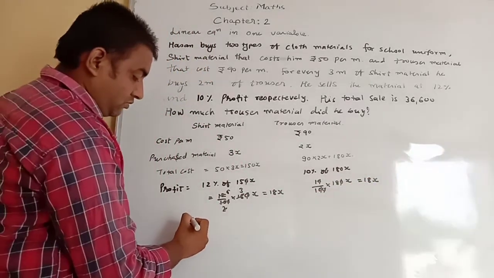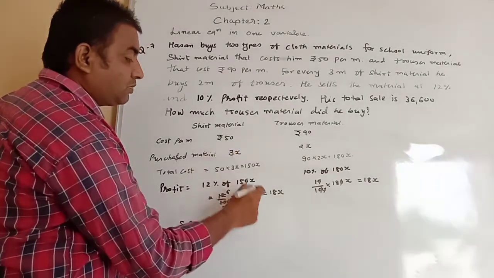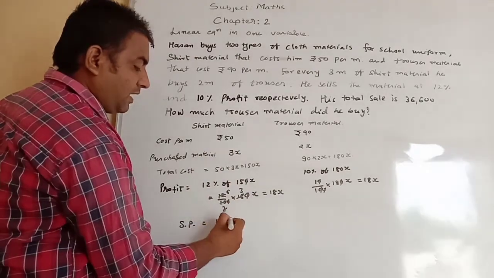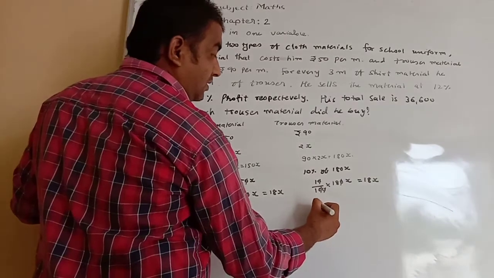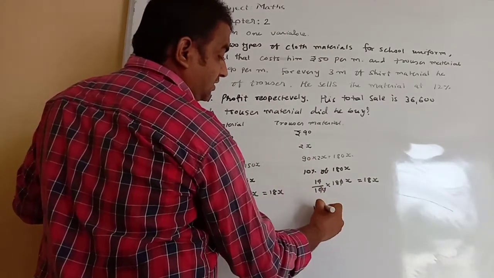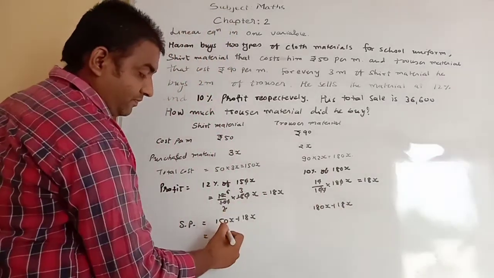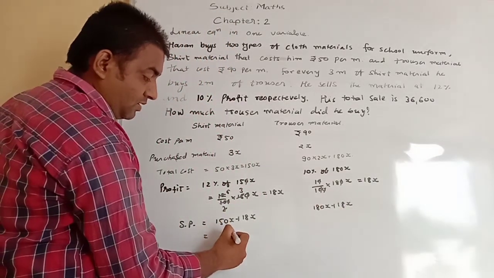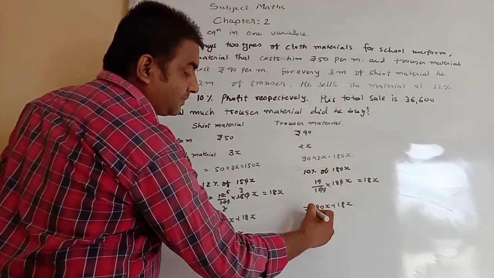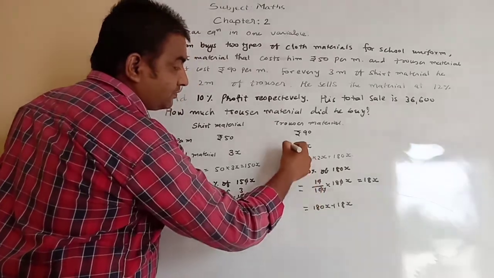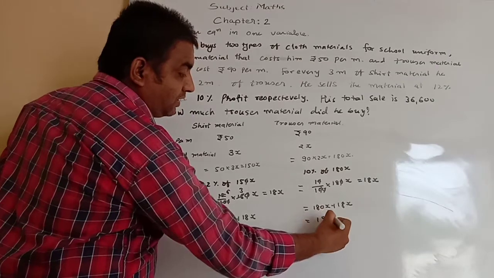Now the selling price of the material will be cost price plus profit. So 150x plus 18x gives 168x, and 180x plus 18x gives 198x.